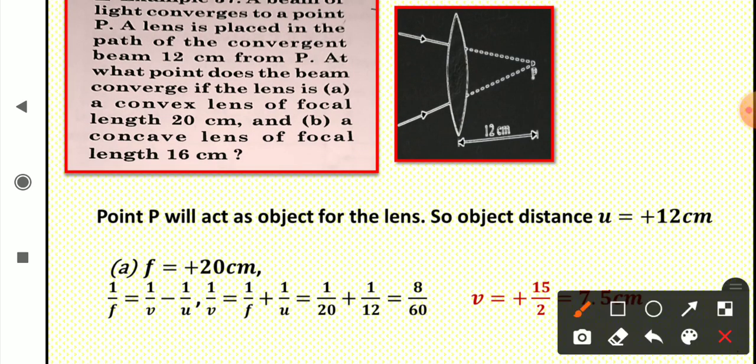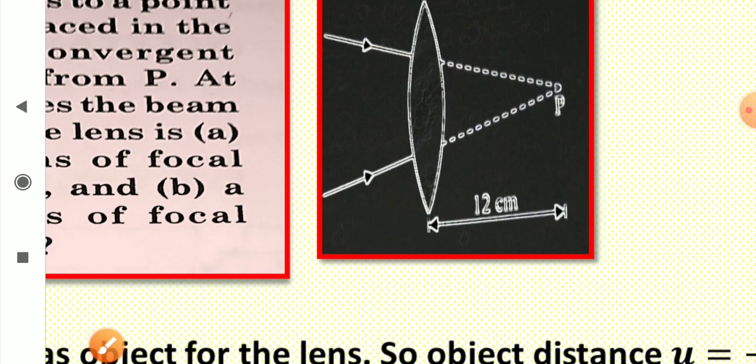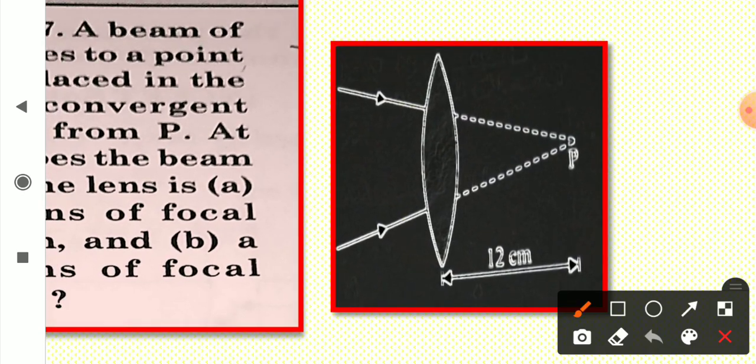So if you look at this diagram now here, the rays will converge at this point at 7.5 centimeter from the lens.